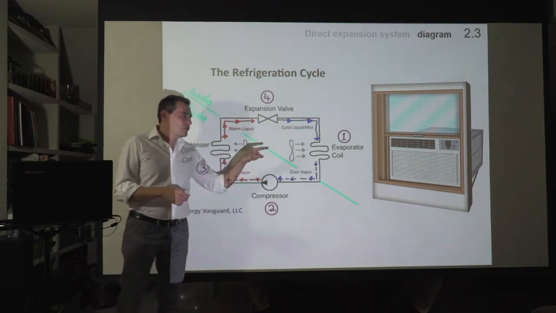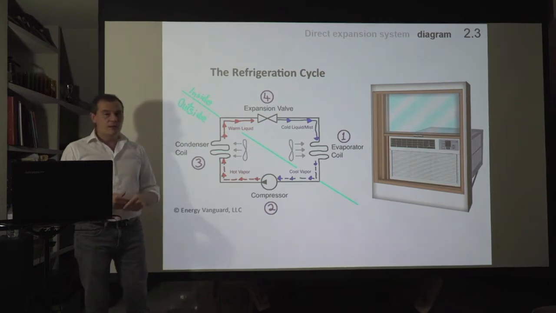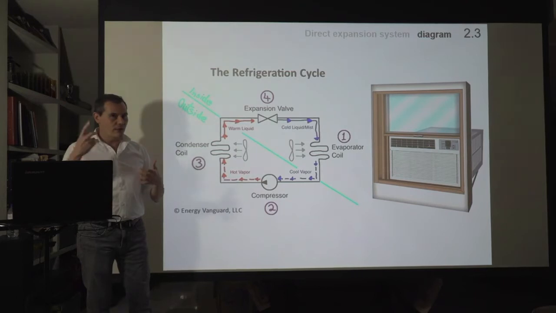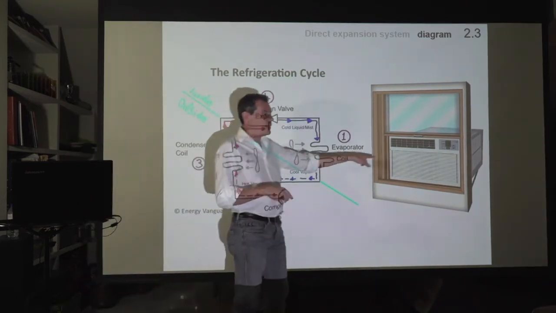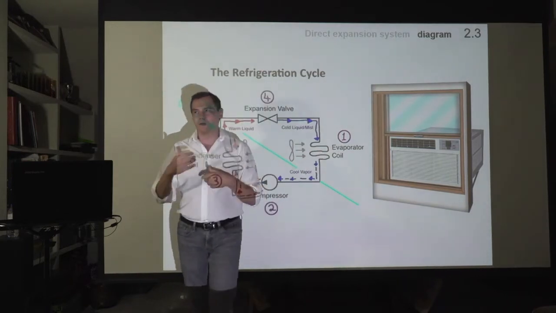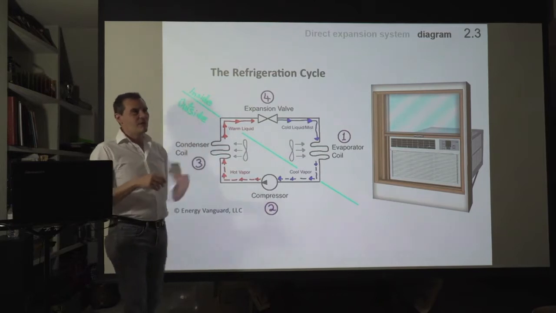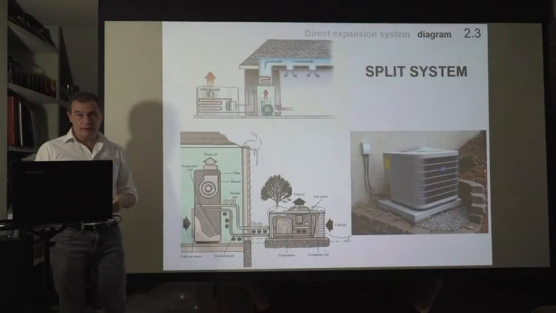Nowadays we don't use these kind of things. Why? Because the energy generator is something that makes a lot of noise, and we don't like to hear that. So when we have these kind of things in our houses or in restaurants, there's a noise that we don't like. So after that we have this split system.